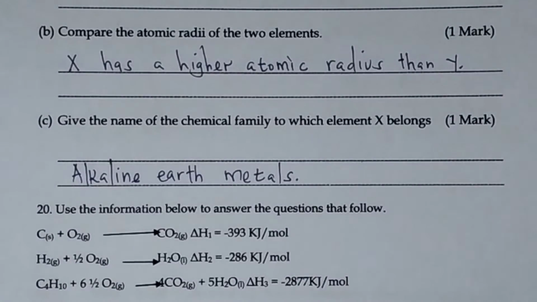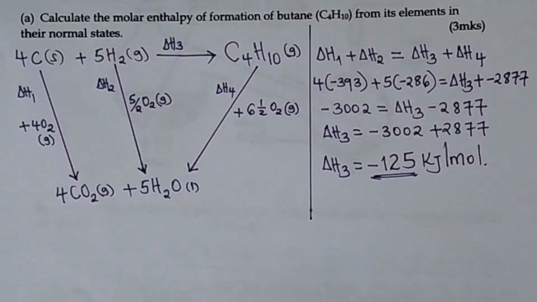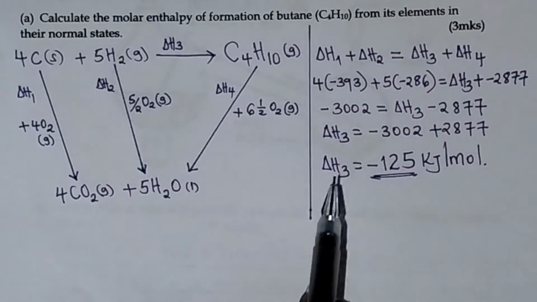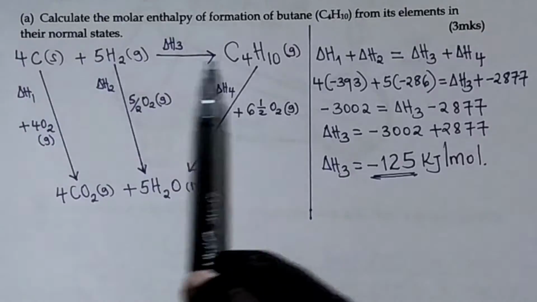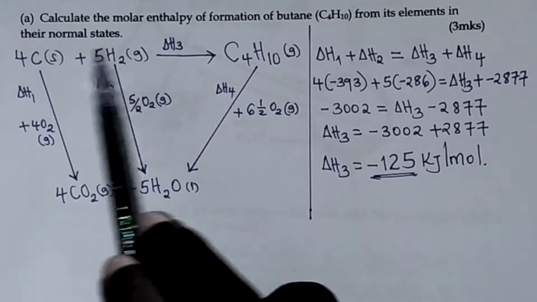So let's see how we are going to do it. So we are told to calculate the molar enthalpy of formation of butane from these elements in their normal states. So we have to first of all draw the energy cycle diagram. This is how it will be drawn. We have carbon reacting with hydrogen giving us the butane gas, and this is the enthalpy of formation of butane.